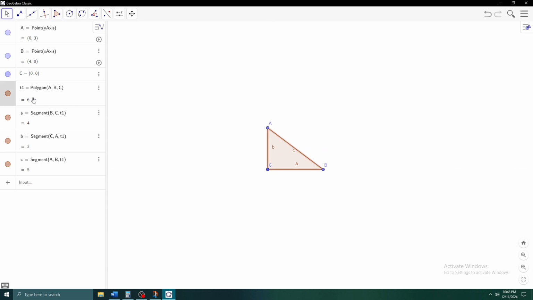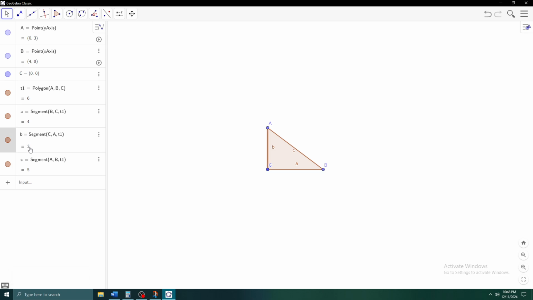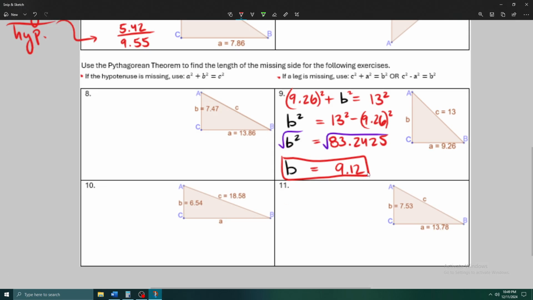And I wonder if it'll let me fix these. Will it let me edit this? No? Nah, it's not letting me fix these. Dang it. Sorry about that. So we see that B is actually 9.12 inches long. Okay, not too bad.